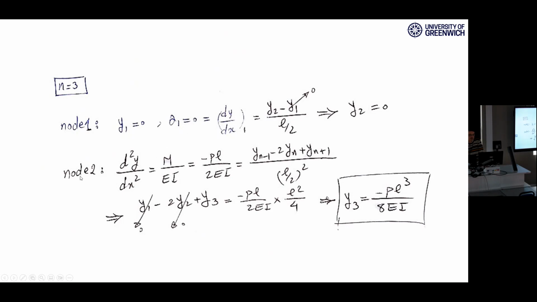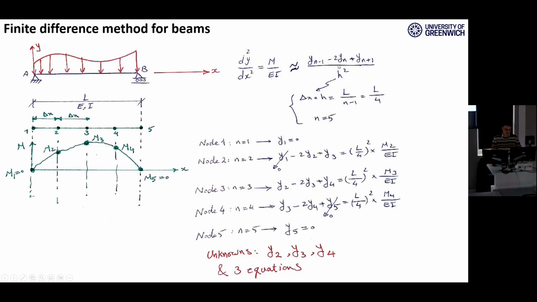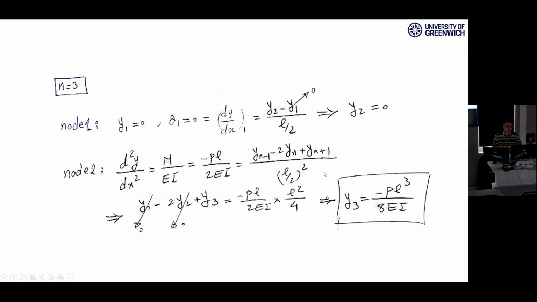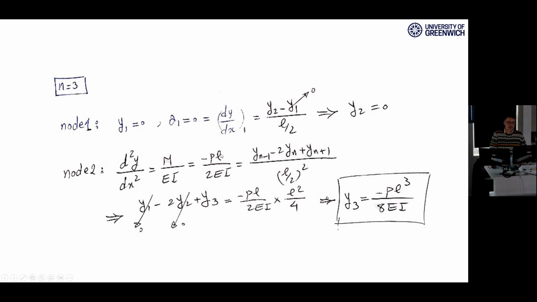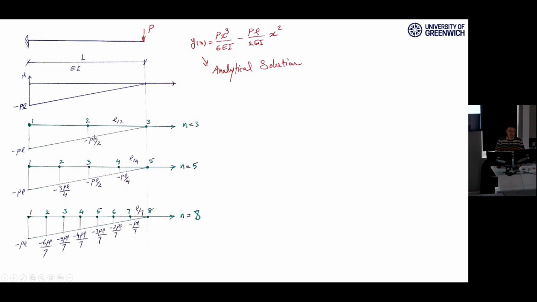And if I put n equal to 2, I would say the second derivative of y over x is this one. This is exactly this one, right? And this is equal to minus PL over 2EI. Minus PL over 2EI is this one. I'm writing for n equal to 2.